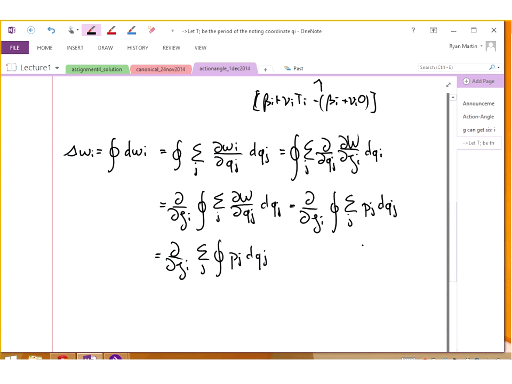Okay? So now I have di by di Ji, sum over j, integral over one period of Pj dQj. But now the integral Pj dQj is exactly the definition of capital J. I guess it's confusing to use j as the summing index as well.